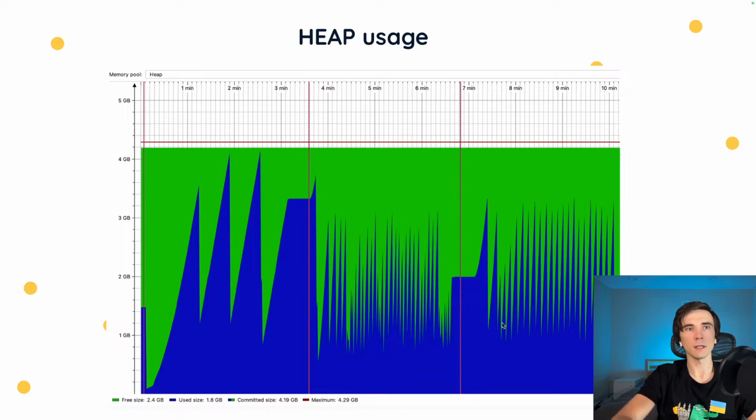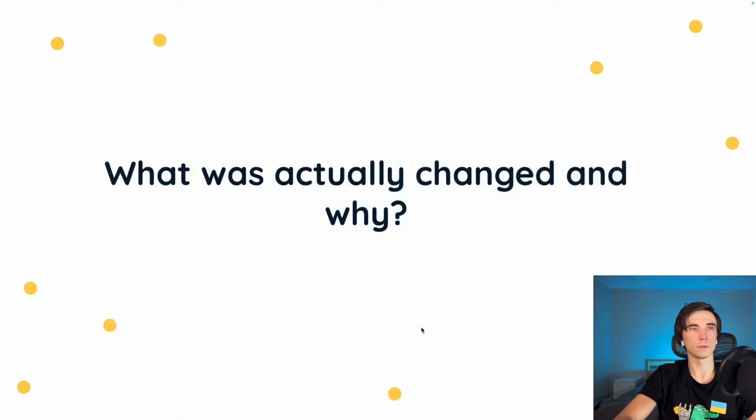As you see, these spikes down are garbage collection. So each spike down is a garbage collection. With the original version, we are doing garbage collection much more often, trying to free up some memory and remove unnecessary requests. So that's the high level overview of results.